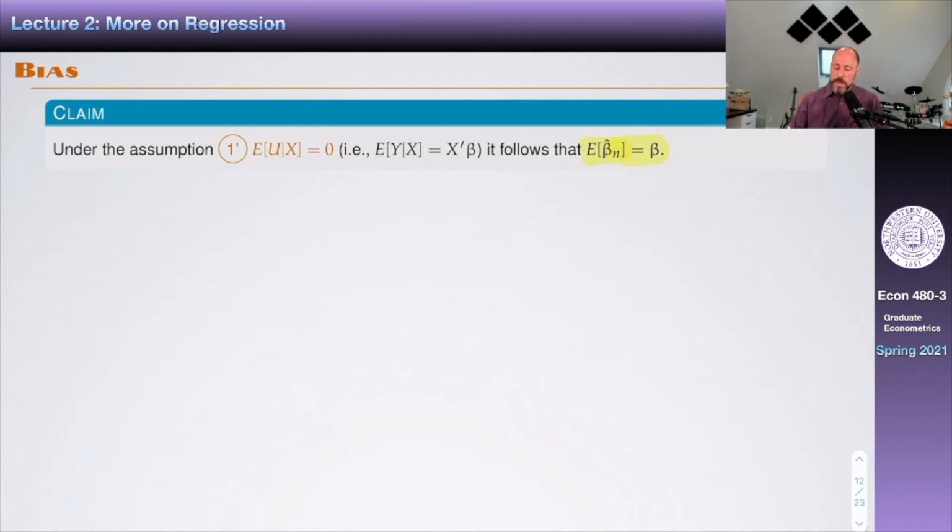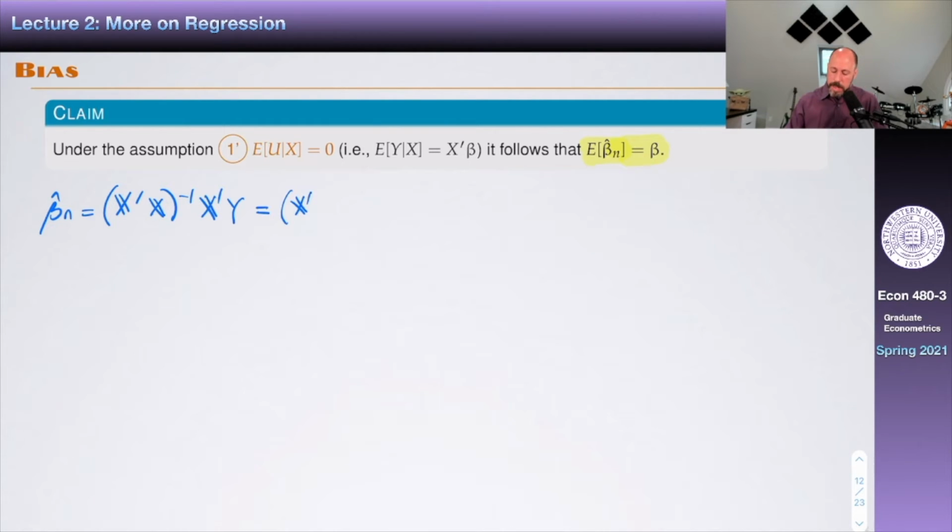So I'm going to prove this. It's really straightforward. It's easier if we just write beta hat n in matrix notation. So I'm going to use it one more time. This is (X prime X) inverse X prime Y. And then I'm going to replace Y by what it is.